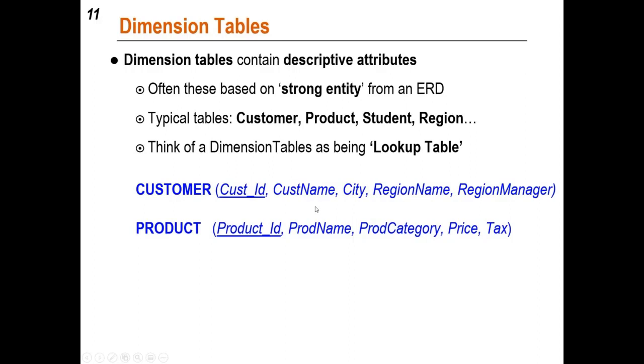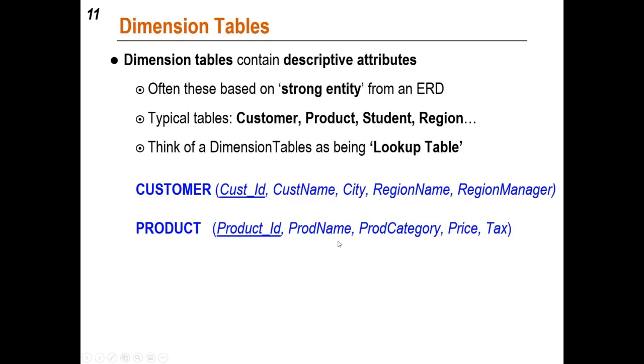What we have done here is put everything into one big strong entity called the customer. Likewise, there is another strong entity called the product. The product entity can also contain several columns which come from different strong entities in your transaction processing systems.